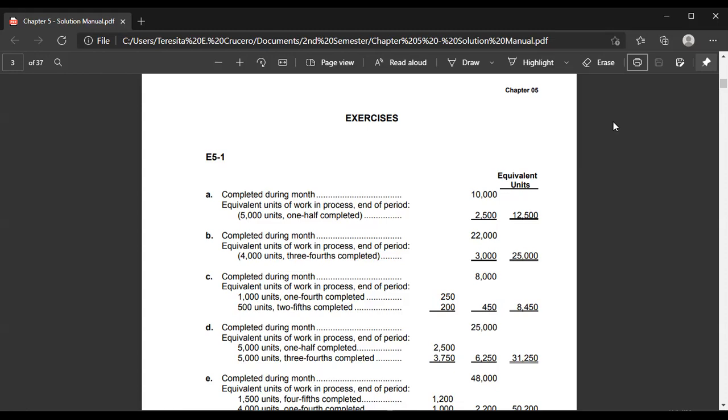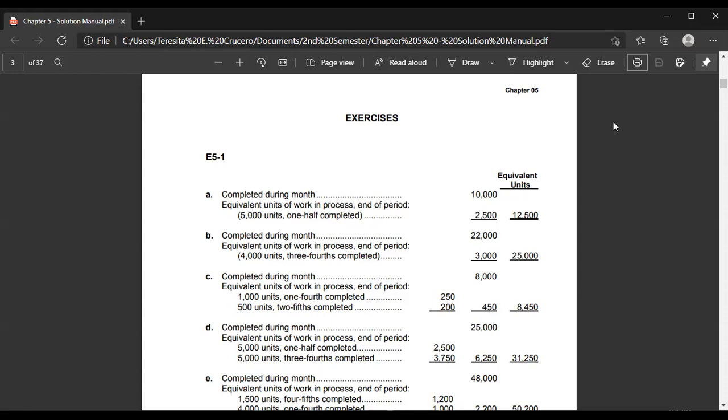So we add 2,500 to 10,000. The EP is 12,500.